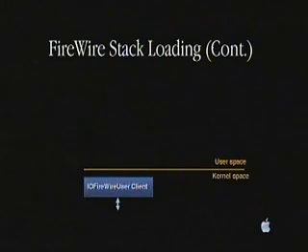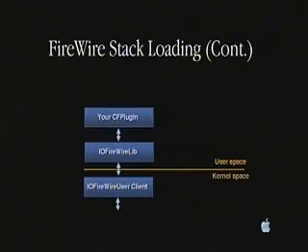Pushing user client down to the bottom, now we reach the user kernel boundary. Above here, we have I/O FireWire lib. This is another piece provided by Apple. It's the counterpart to I/O FireWire user client. I/O FireWire lib can be used by a CF plugin that you provide. The CF plugin is written in user space and runs in an application context and can talk to FireWire lib to communicate with a FireWire device.